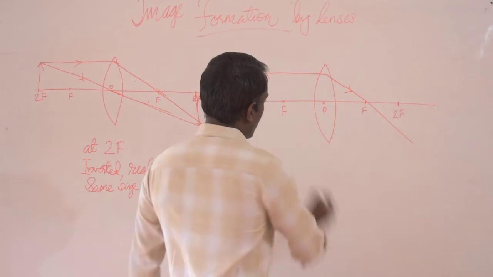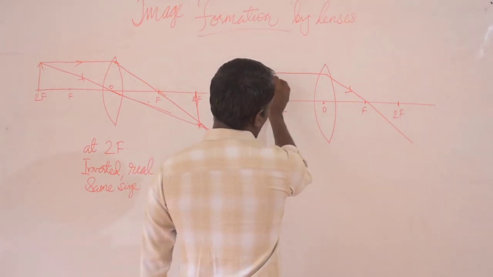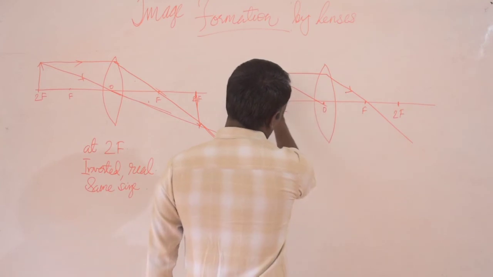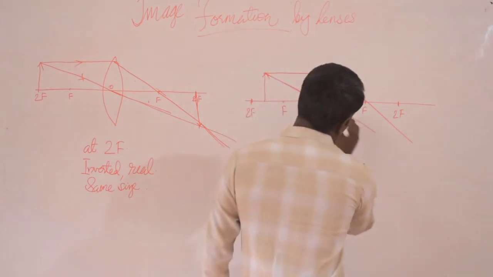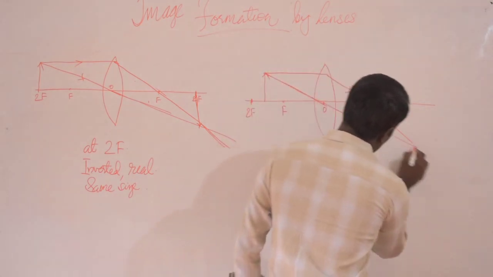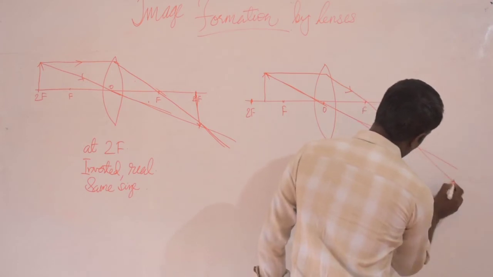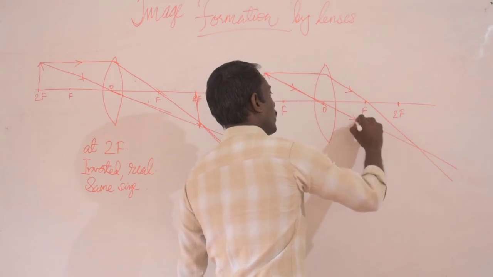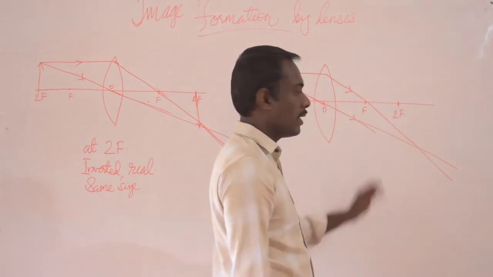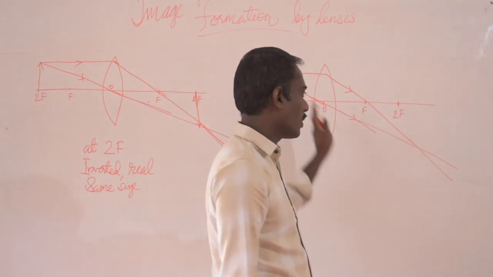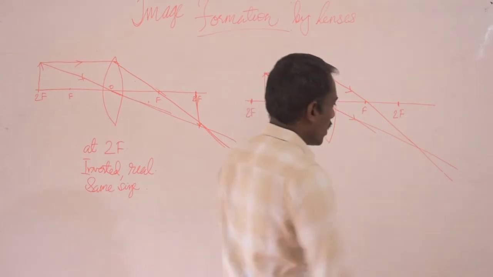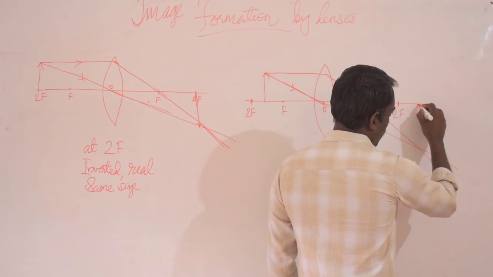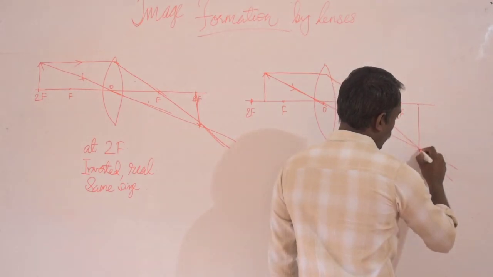And now we are going to consider another ray of light from the same point of the object that is passing through the optical center of the lens. Now it will pass without any deviation while it is passing through the lens. And this is the point of intersection of these two rays, where the image is formed.